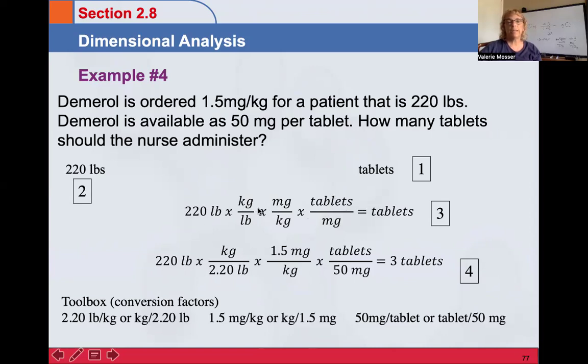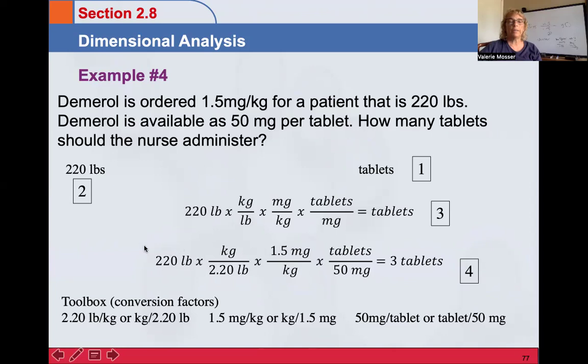The pounds are going to cancel, the kilograms are going to cancel, the milligrams are going to cancel, and finally at the end we're going to be left with tablets. And only when we know the units are canceled correctly are we going to come in and put in our numbers. There are 2.2 pounds in a kilogram. There's 1.5 milligram per kilogram dosage. And finally, there's 50 milligrams in a tablet.